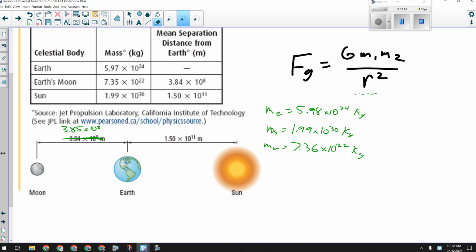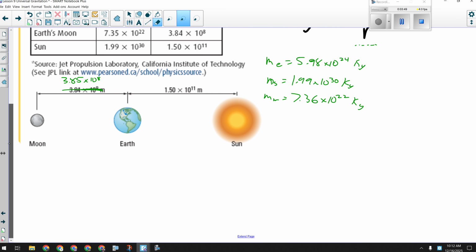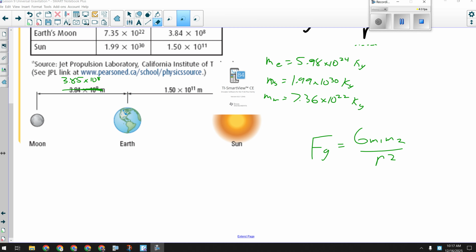So what I want you to do is calculate for me the net gravitational force acting on the Earth in this situation. I'll give you a couple minutes on that.